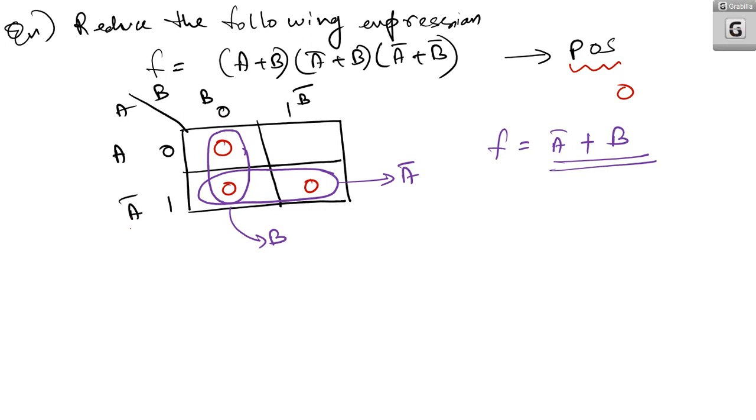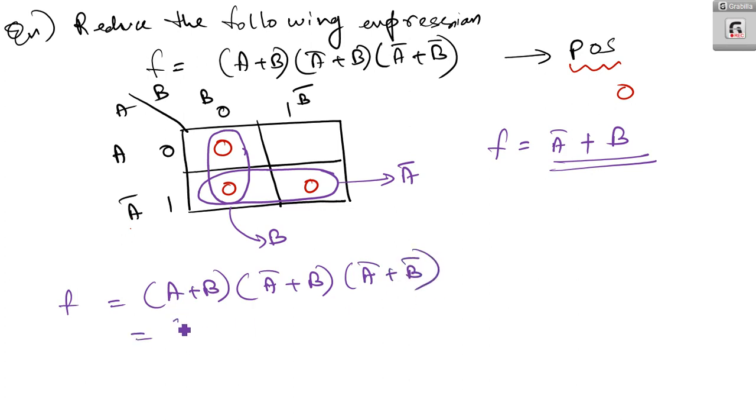Now if you have a doubt in how you have reduced it to A bar or B, I will show the explanation just by expanding the terms. So we have F is equal to A or B, and A bar or B, and A bar or B bar. You just expand the first two terms.